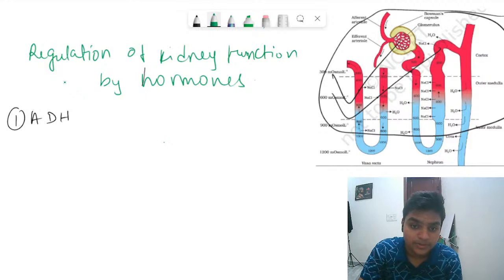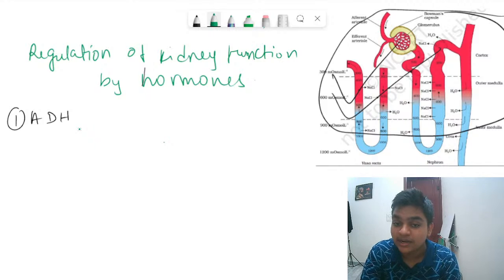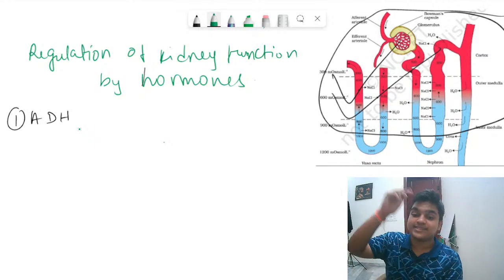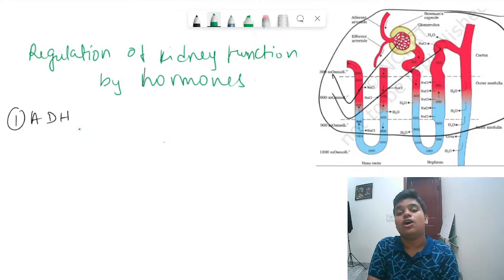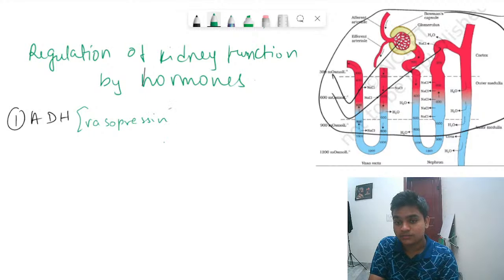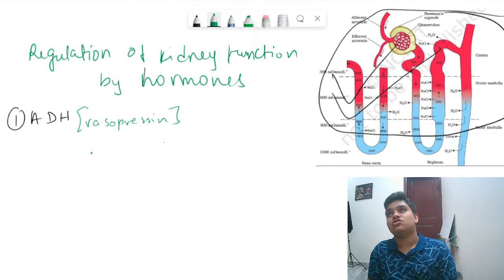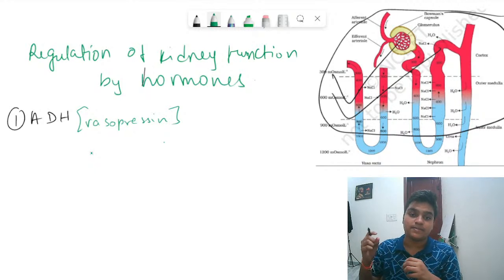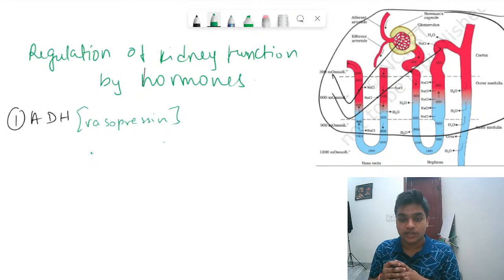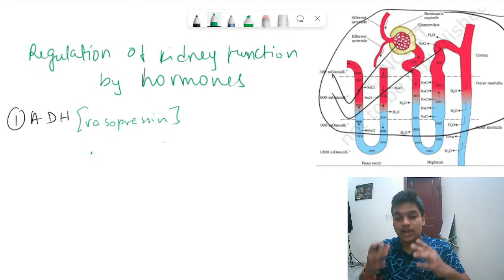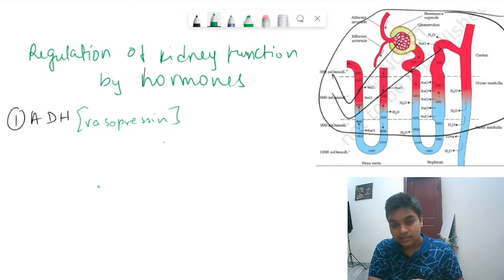Am I right? It is released by the posterior pituitary gland, but it is secreted by the hypothalamus. This is also called vasopressin. Whenever these osmoregulators get activated, they send a message to the brain to release ADH, and this ADH gets released from the brain.